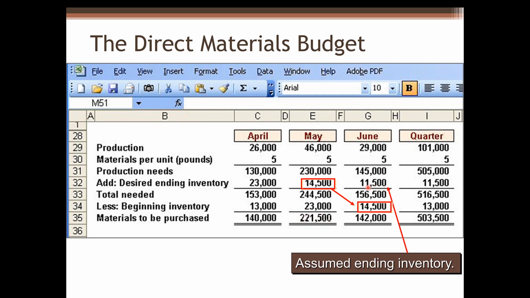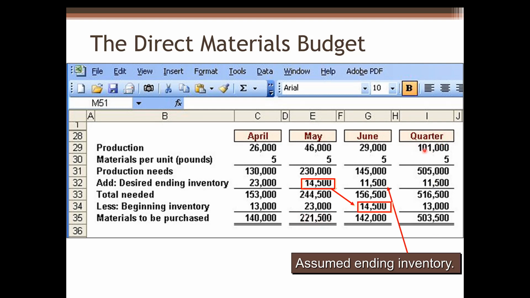Here, this is 11,500. So we get the total needed and subtract the beginning inventory of June, which is the ending balance in May. Materials to be purchased in June are 142,000.